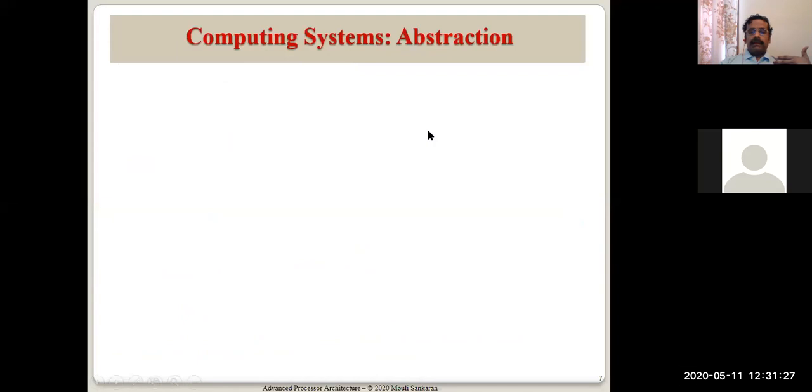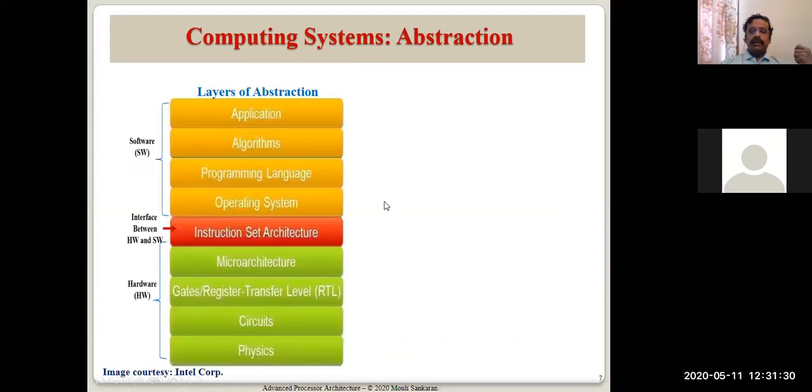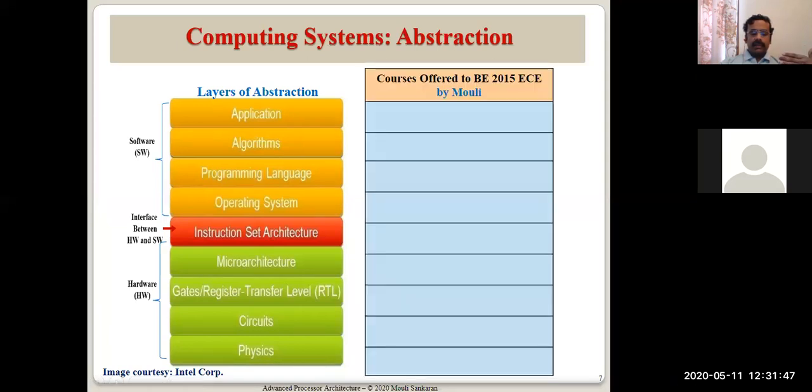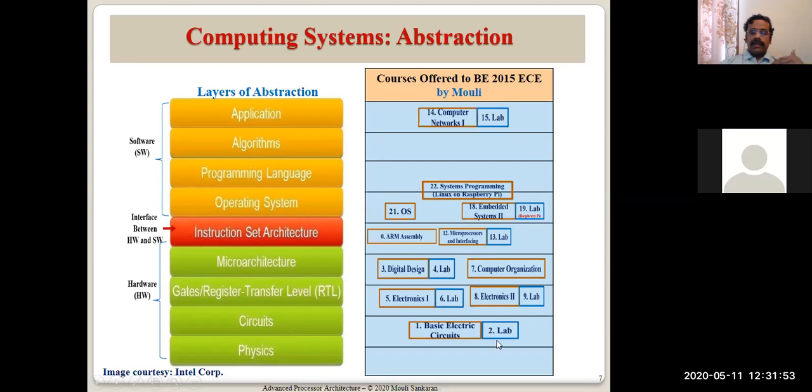Okay, now let me briefly give you an overview of the courses that you have handled, which correspond to which levels of abstraction. This is the computing system. At the bottom level, the core IC chips are made out of resistors, capacitors and transistors. You studied circuits, the basic electric circuit course, way back 4 years ago.